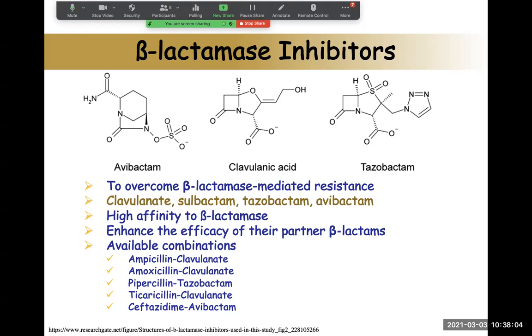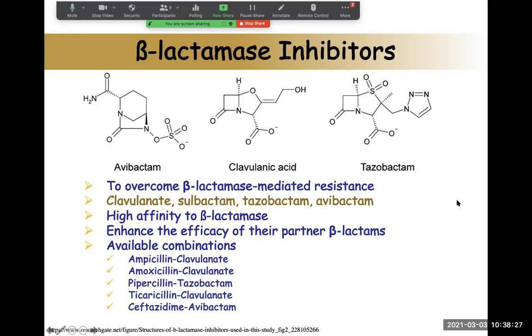You have probably heard of clavulanate, because ampicillin can be given with clavulanate. And in fact, there are 3, and avibactam is a new one. I don't have a picture of sulbactam. Okay, so clavulanic acid, sulbactam, tazobactam, and avibactam are beta-lactamase inhibitors.